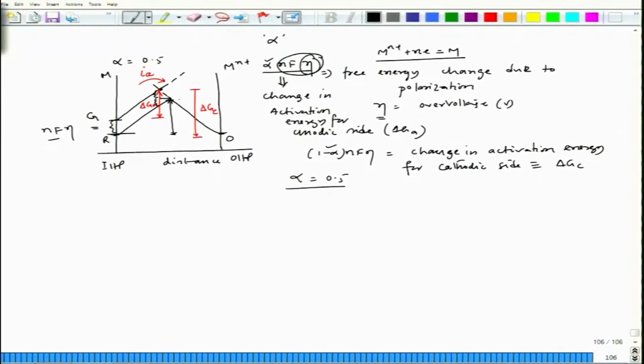And interestingly, if you see this, this was the initial free energy when both I A and I C were equal.